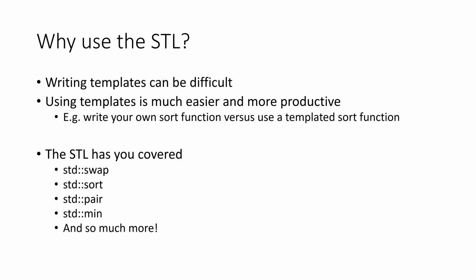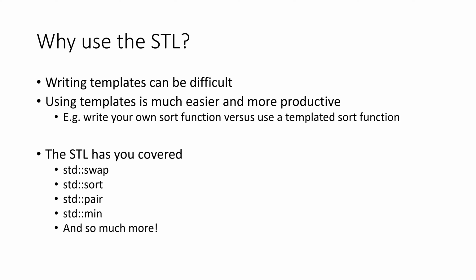Okay, so why should I use the standard template library? And let me make these floating meeting controls go away. There it is. Okay, so I already told you this: writing templates is actually a little bit harder than writing regular code because it's more abstract, but using templates is much easier and more productive.